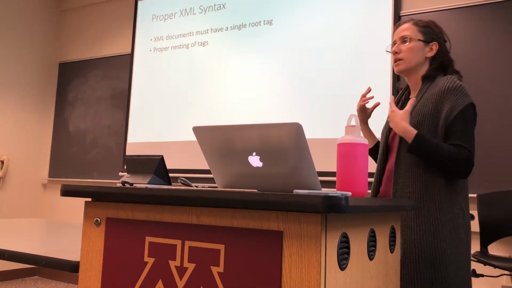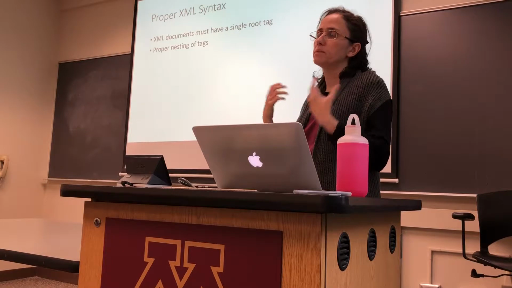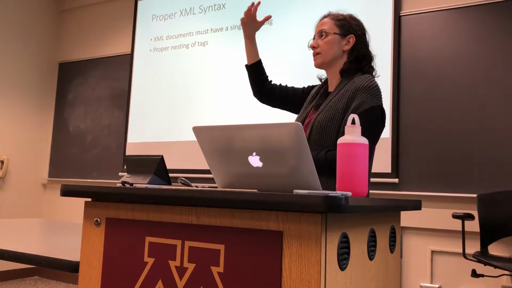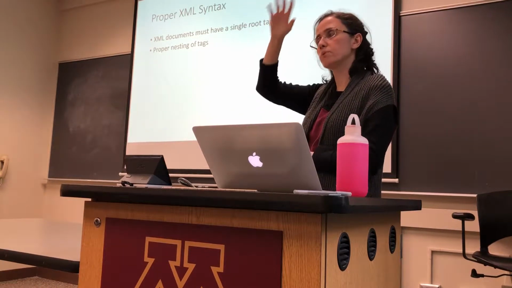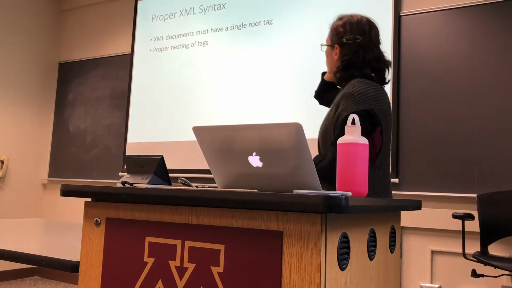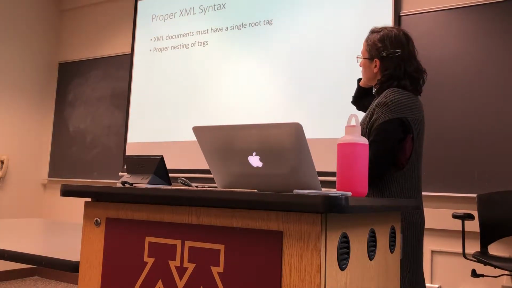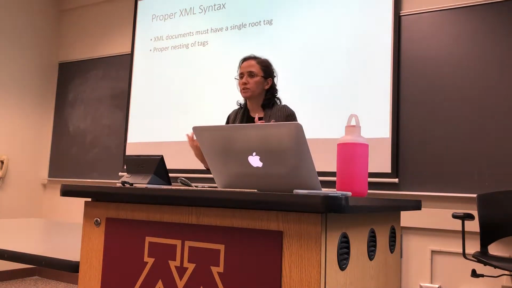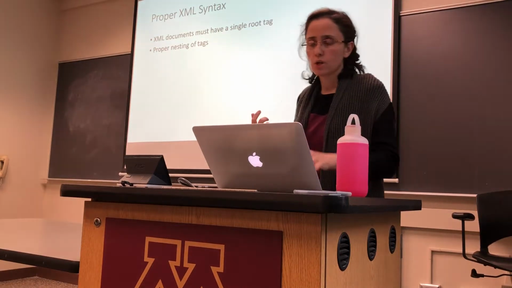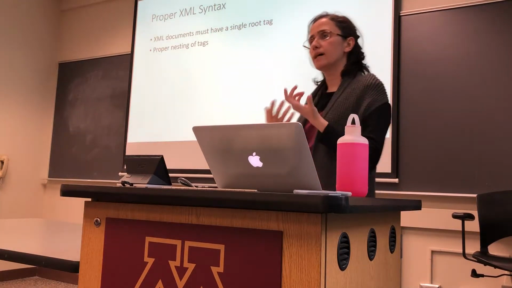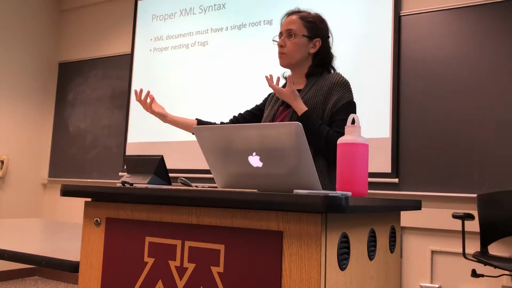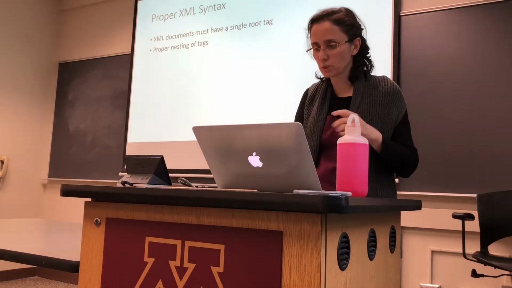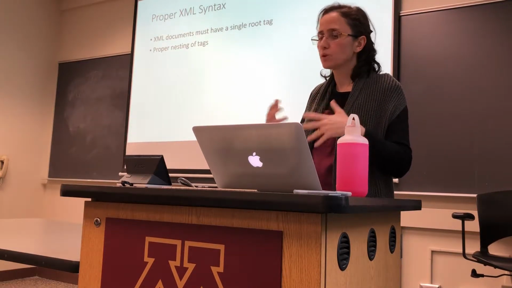For example, if I make a business card, a root tag could be business card, and within that I have the name, the phone number, and so on. Right? And then something else, you will have to maintain your nesting well. A tag that you open has to be closed before opening, for example, a new tag. Those are some nesting rules that you will have to keep track of, but this will come with practice.